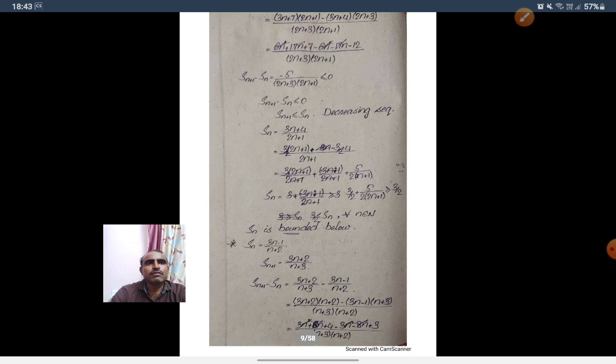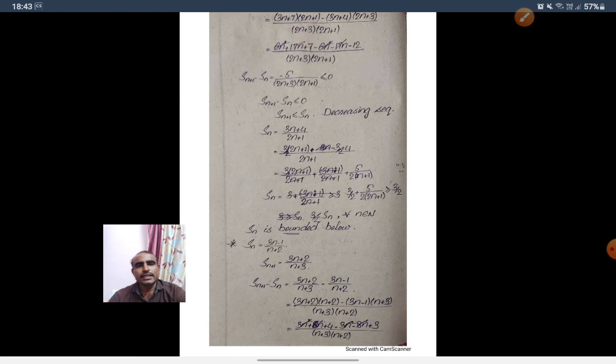After simplifying, we get Sn plus 1 minus Sn is equal to minus 5 by 2n plus 3 into 2n plus 1. So 2n plus 3 and 2n plus 1 are positive. So minus 5 divided by something positive is negative, less than 0. So Sn plus 1 minus Sn is less than or equal to 0. So Sn plus 1 is less than or equal to Sn.